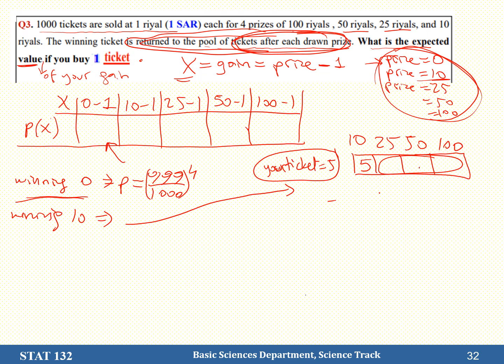So we just check this one. What's the probability of getting 5 out of 1000 tickets? It's 1 over 1000. For the others, any number is fine. If 5 happened, then no matter what happens in the other drawings, it guarantees our winning. So the probability of winning 10 is 1 over 1000.